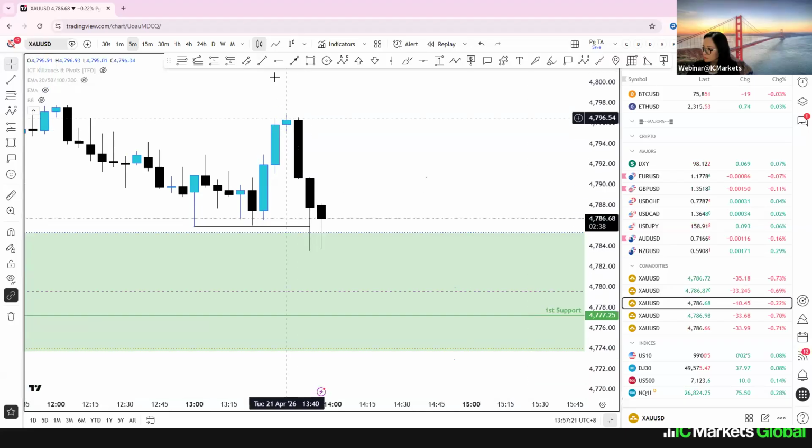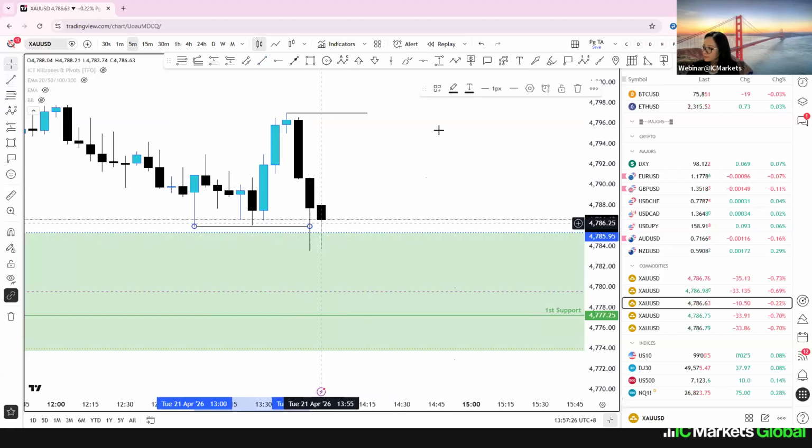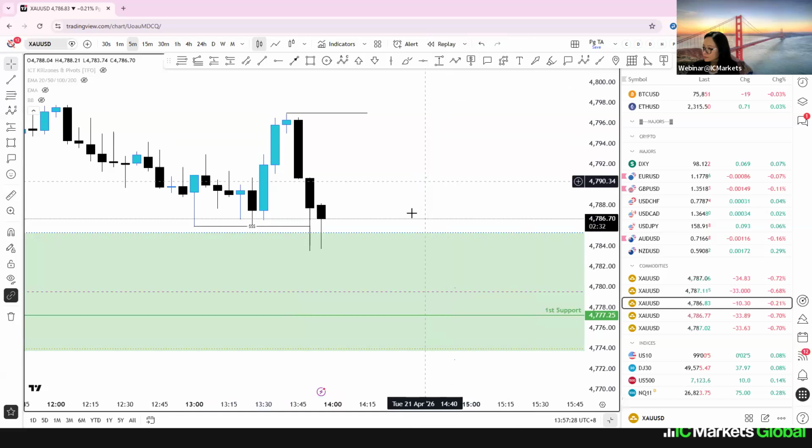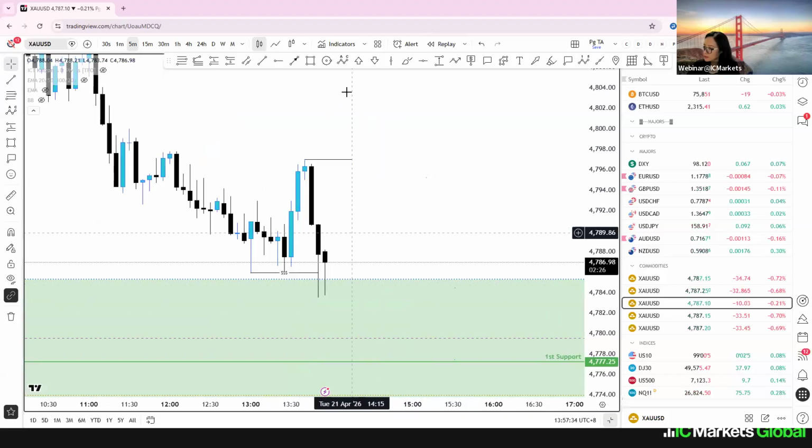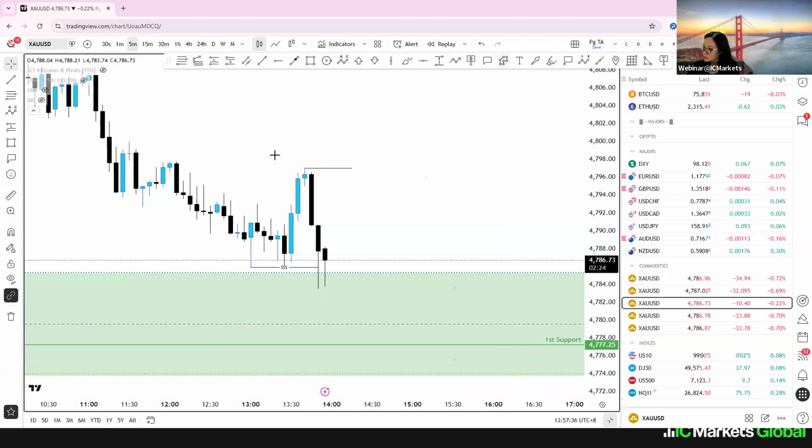Then we can target the first swing high, meaning that this is our buy zone.